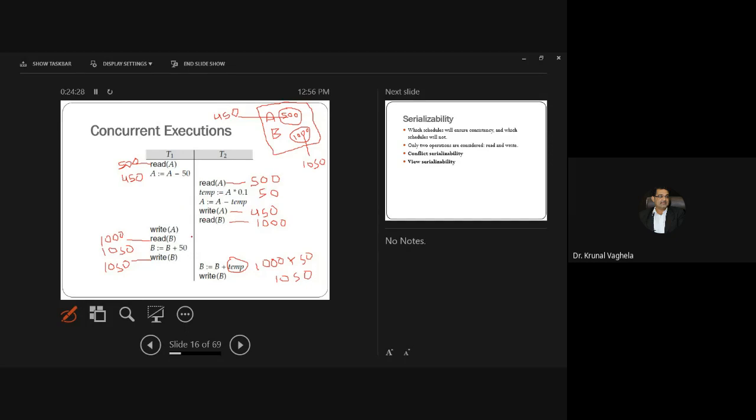Out of T1 and T2, which line will get executed and which will not is in the hands of the operating system. So our role is to check whether, if the transactions get executed in any sequence, the consistency is maintained or not. This is our role.